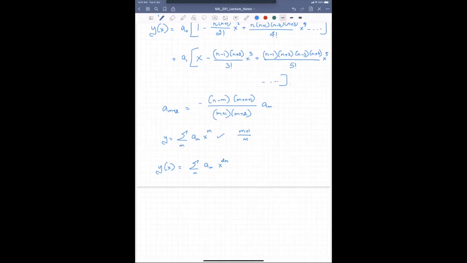But this is the range in x for which this series converges. Now, if you look at the (m+2)th power and the (m+1)th power and mth power here, you're not going to get anything. So what you actually have is powers in increments of 2, right? So if you look at two consecutive terms, what you're basically getting out of that is the range in x squared that is allowed. Okay, so this slight subtlety is something that you should be aware of.